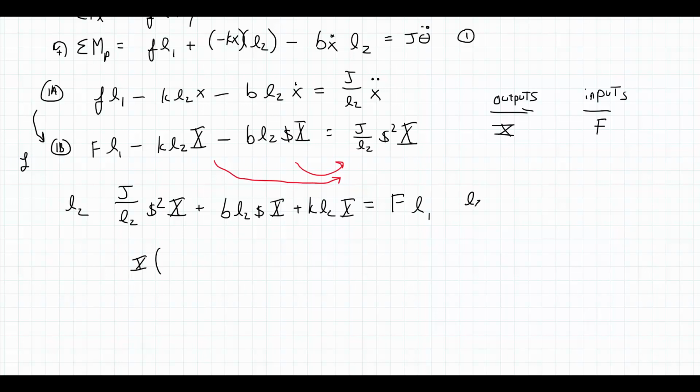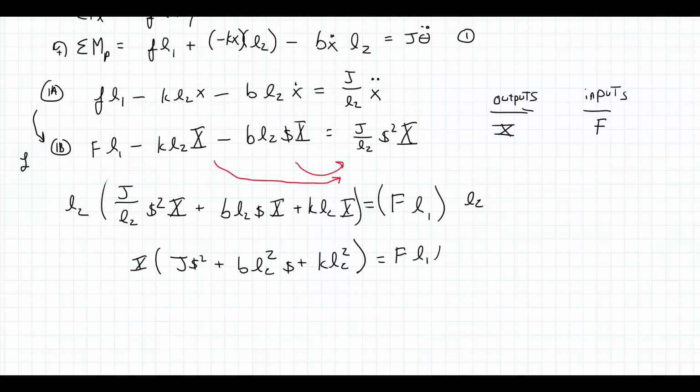I'm going to multiply both sides by L2 at this point, just so I don't have an L2 in the denominator. Because L2 is a constant, it is fine to leave it in the denominator. I never want s's in a denominator in the end, but constants would be okay. But I'll clear this out. So the first term, I have J over L2, so this whole thing is being multiplied by L2, and so is the right-hand side. So I'm left with just J s squared plus b L2 squared s plus k L2 squared, and again, the X came out, equals F L1 L2.